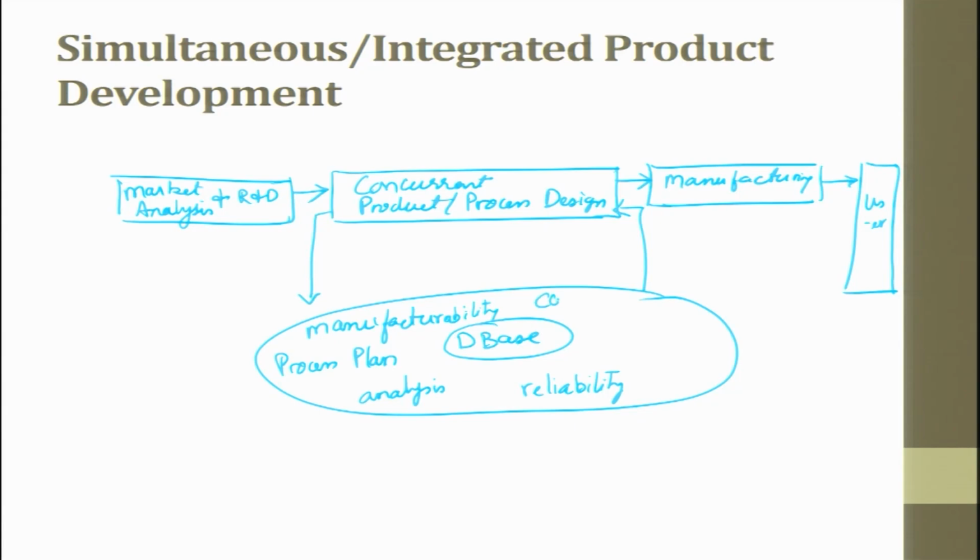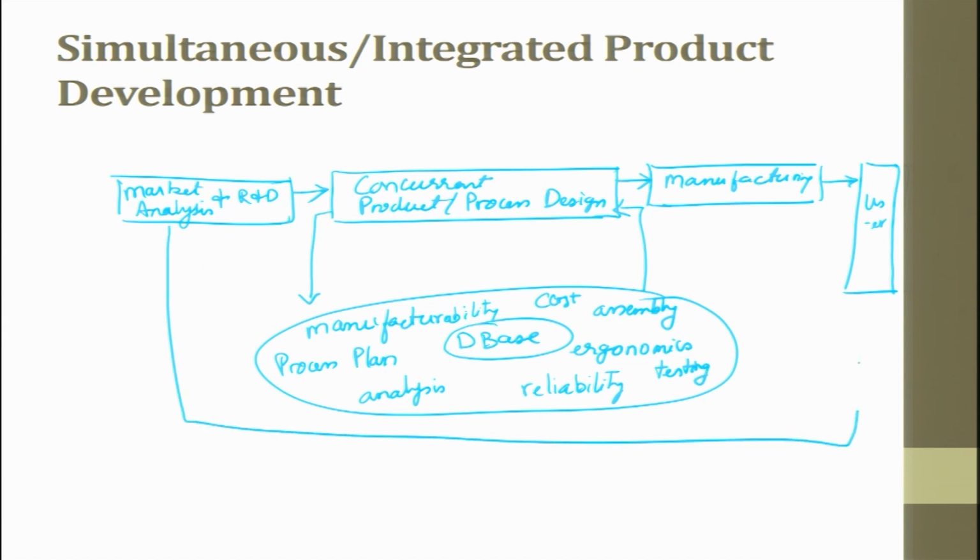Then there will be cost, there will be assembly, and today there is a lot of importance given while product development itself for ergonomics and testing. So, these are the inputs which are given at the conceptual stage itself, and we start developing it.